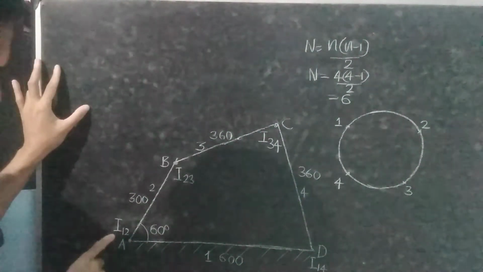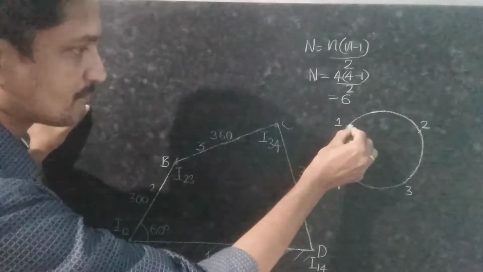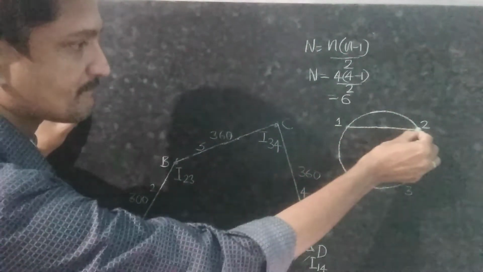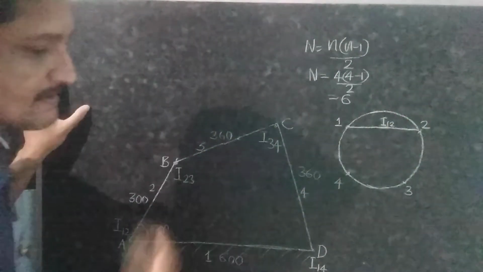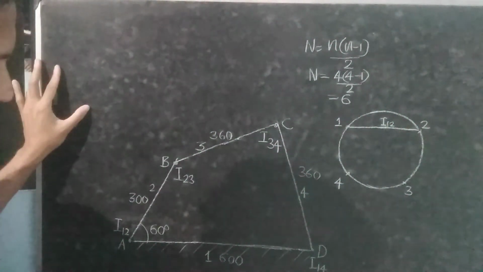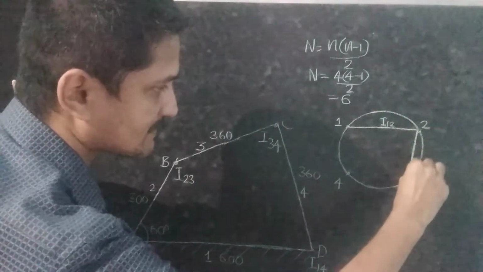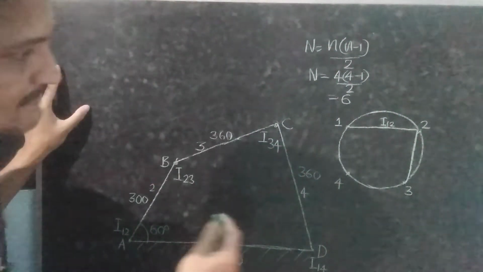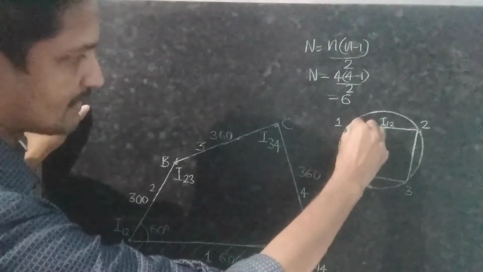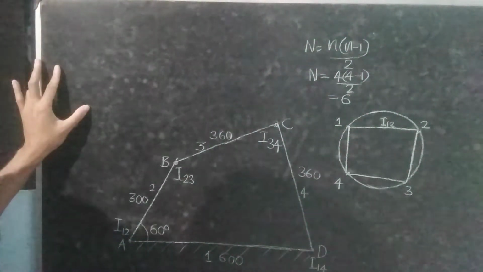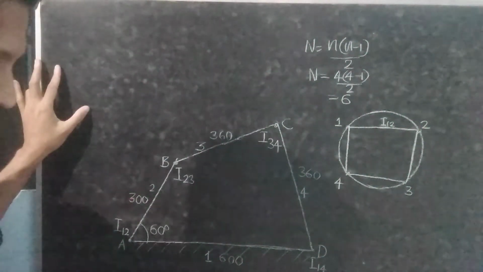Then represent the instantaneous center I12 by a straight line. Then instantaneous center I23, which we already found. Then I34. Then I14. Already we found out these 4 instantaneous centers.